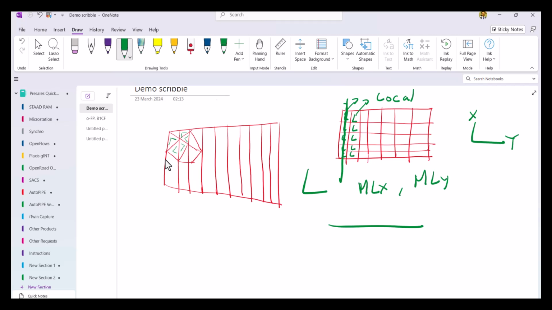There is also a global axis, but in global axis you only have these two axes. I'll come to that later on. But these are local axis moments that you are getting, and now every element has its own direction. That means the moment calculated for this would be about this direction.